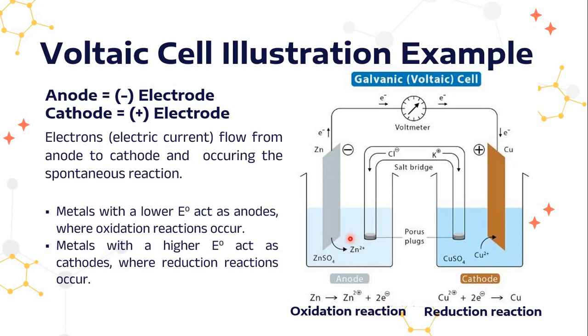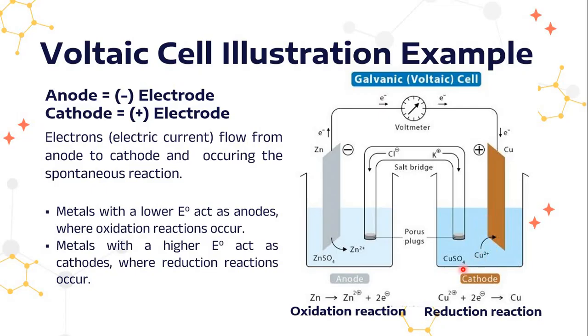So in the anode, there are electrons flowing from anode to cathode. The arrow is like this. The electric current will move from the anode to the cathode, and then the spontaneous reaction occurs.